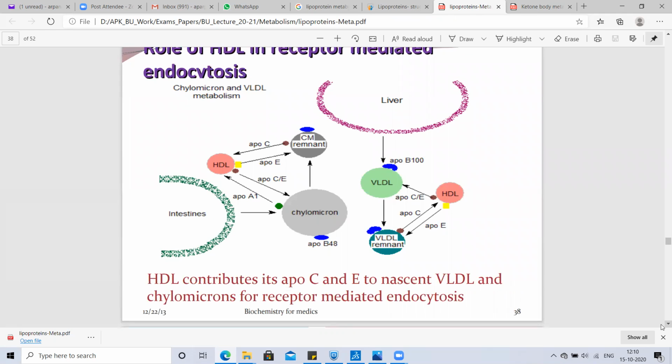You can also see that from the intestine, the chylomicron comes and gets metabolized, and the leftover, the chylomicron remnant, can help in the synthesis of HDL, or when HDL gets metabolized, the leftover will be helpful for the synthesis of chylomicron. Similarly, in the liver, VLDL is synthesized and moves outside the liver, and here it either converts into the VLDL remnant through catabolism, or it helps in the synthesis of HDL.